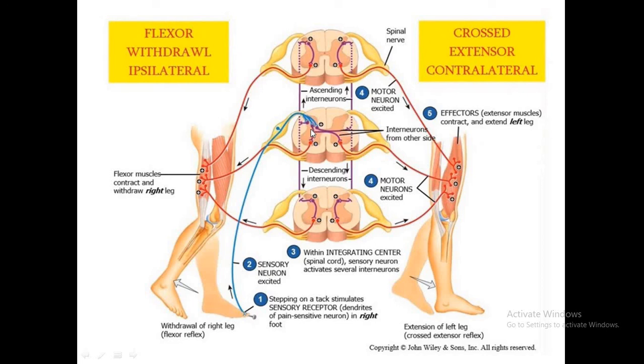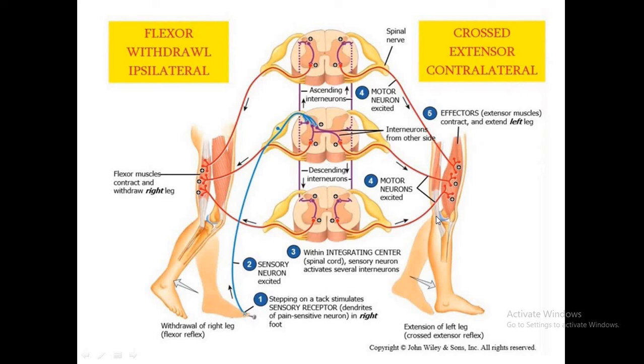In the gray matter, it will have a connection with the interneuron to send an excitatory motor signal to the muscle here. It is a big muscle, so we need more than one neuron. So it will go up ascending and down descending, and all three will cause the muscle to contract and withdraw the right leg.